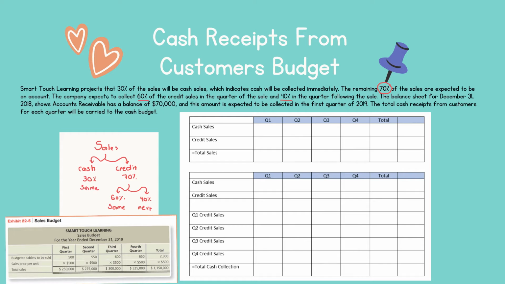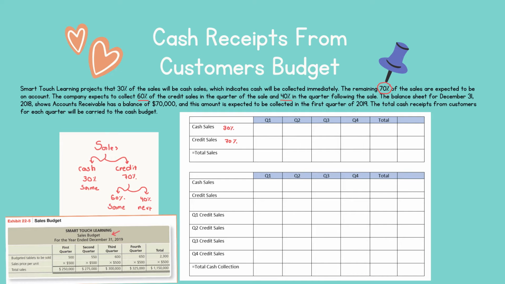Okay, now first I need to divide my total sales into cash and credit sales. So as we said, cash sales will be 30% of my total sales and credit sales will be 70% of my total sales. So I'm gonna look at my sales budget that we prepared earlier to find cash sales and credit sales.